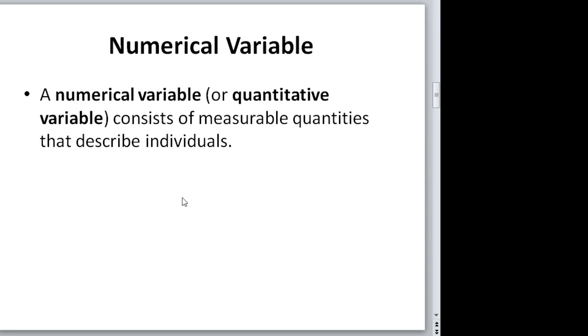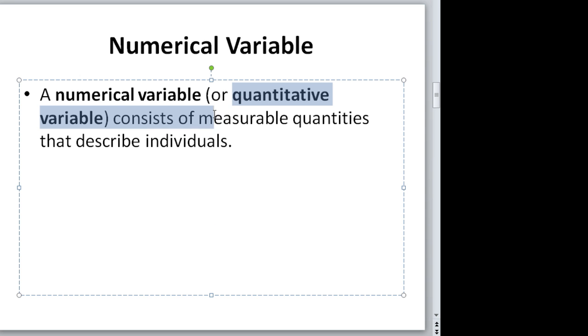Now, what about those in number form, which is a numerical variable? Well, a numerical variable is also called a quantitative variable. We talked about this last lecture, but just to remind you, a quantitative variable means it's going to be a number. It consists of measures of quantity that describe individuals. So what could be a quantitative type of variable? Let's say our height, right?